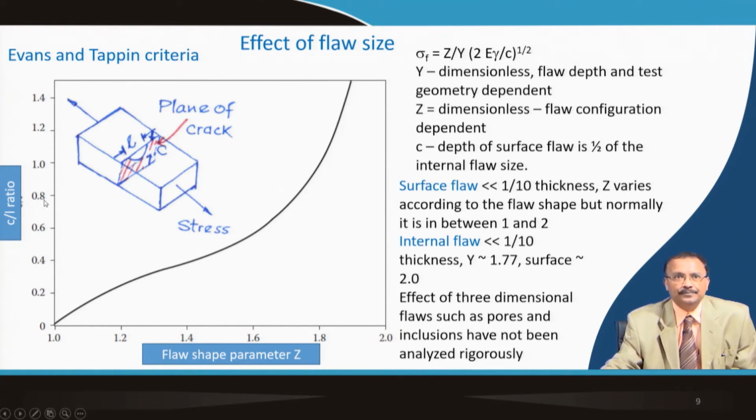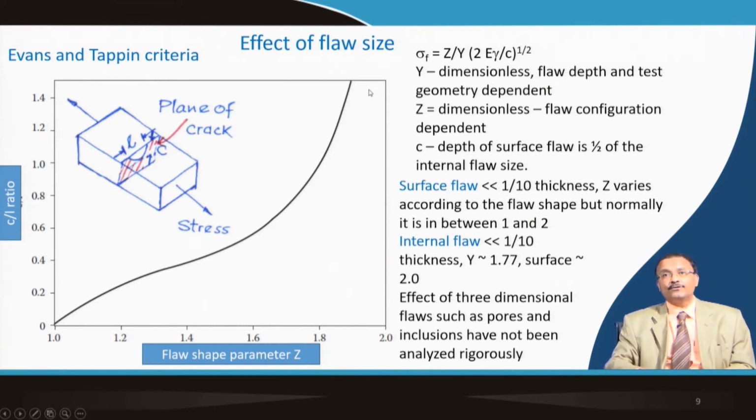Typically, if you see the crack from the surface, half crack is C here, and L is the width of the sample, then the C by L ratio is dependent on this flaw shape parameter. So, this value of Z is usually in between 1 and about 2. If you have a surface flaw which is much less than 1/10 of the thickness of the sample, then Z varies according to the flaw shape, but normally it is in between 1 and 2.